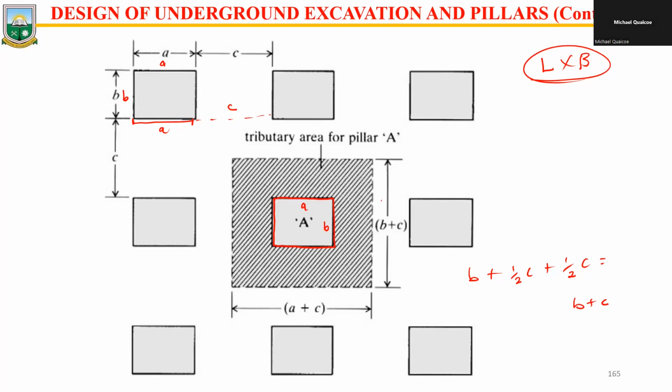Let me see if I can demonstrate that here. So let's assume these are square pillars. We are assuming they are square pillars, and these square pillars are to carry a load on top of them like this.